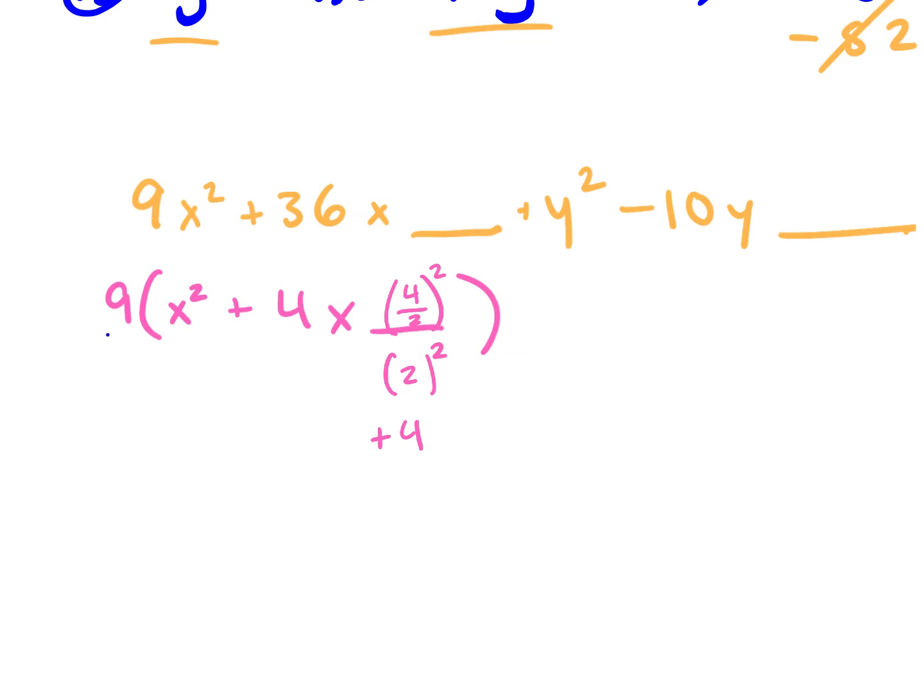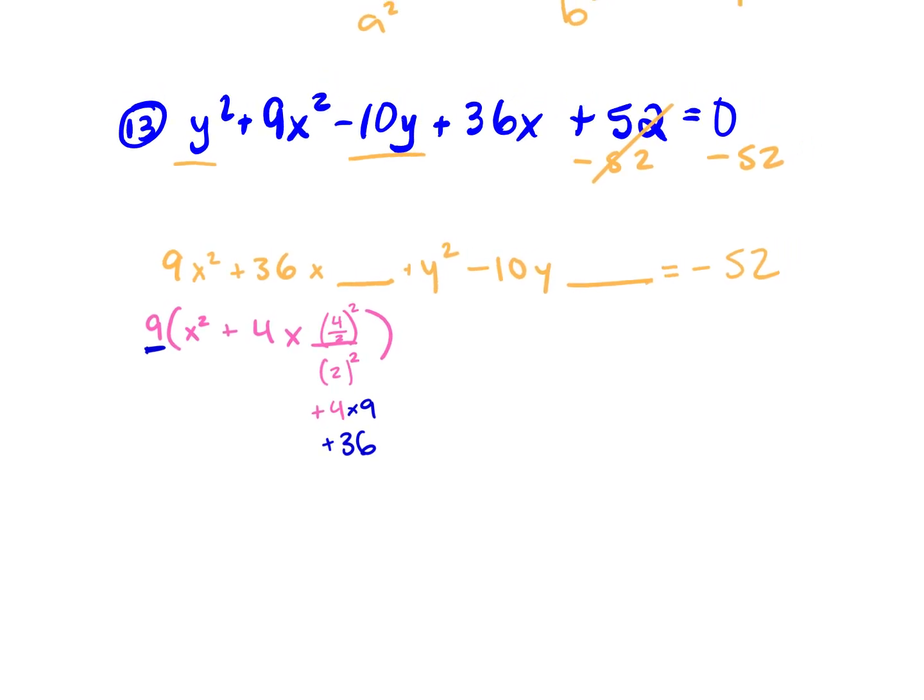I have to make sure I multiply it by this 9 because I'm technically adding 36 on the left side, because it'll be 4 times 9. So if I add 36 on the left, I have to make sure I add 36 on the right too. And then what goes into my parentheses squared? X plus 2 squared. And then 9 has to go on the outside. Make sure you keep that there.